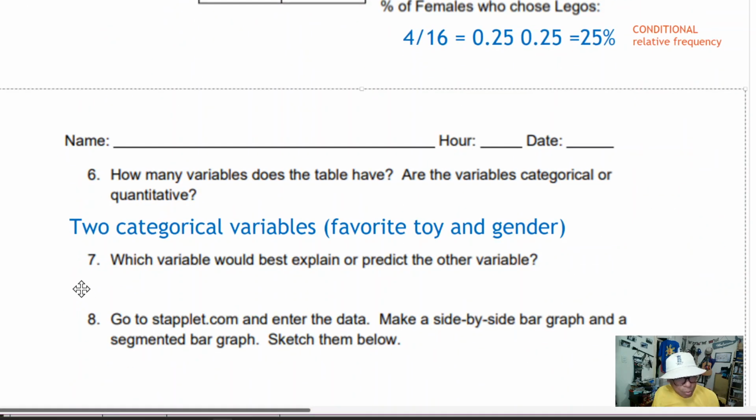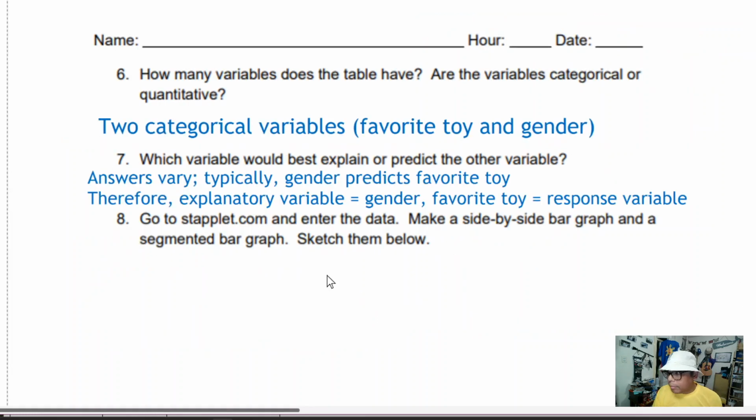In this case, I really do think answers will vary. A typical response here would be that gender is going to predict a favorite toy. So when we say that one is going to predict the other, then we would call the predictor the explanatory variable, and we would call the variable being predicted the response variable.